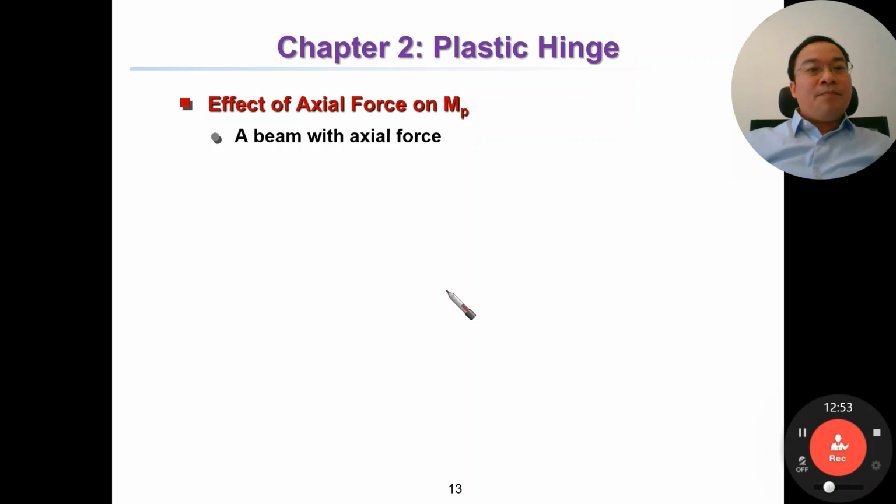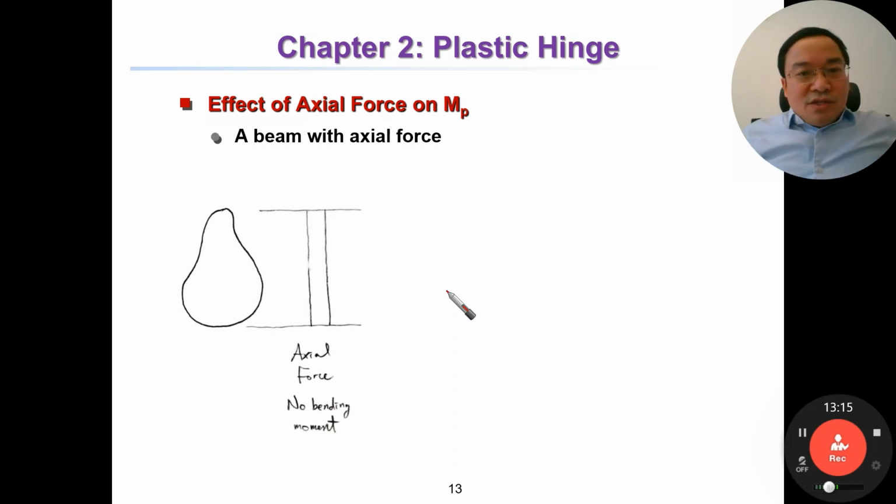Next, in this section, we are going to consider the effect of axial force on MP. In general, let's consider a beam with an arbitrary section like this.